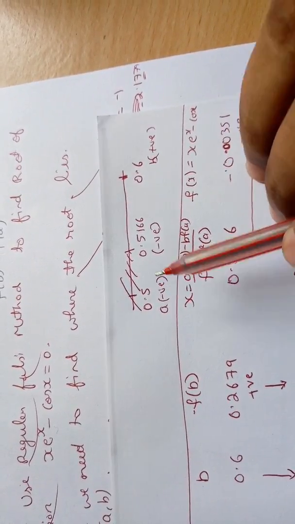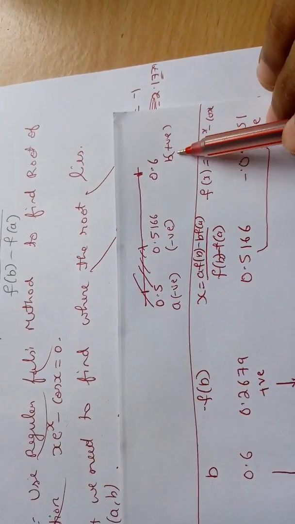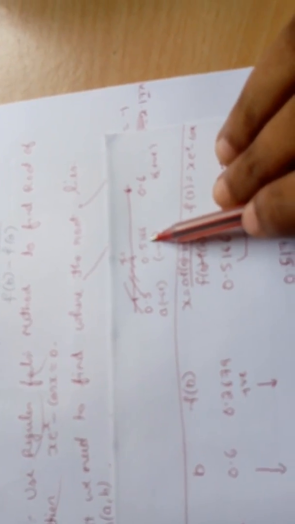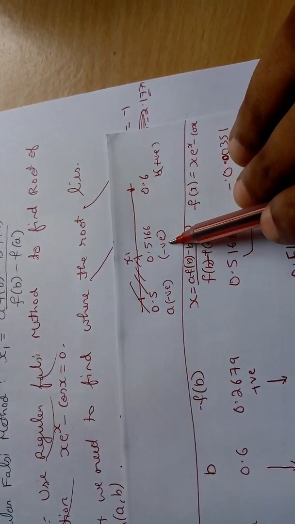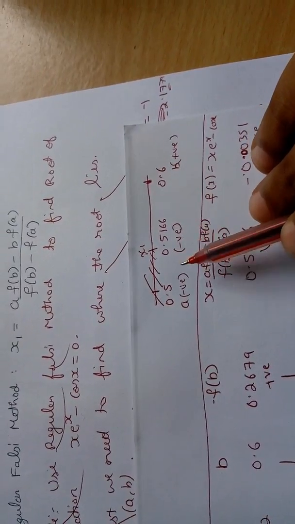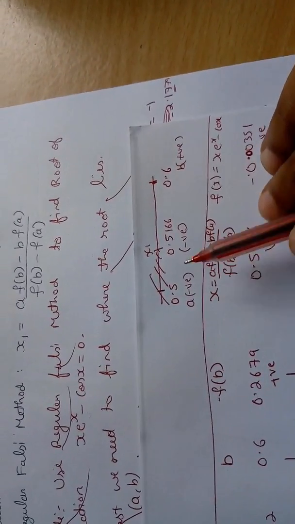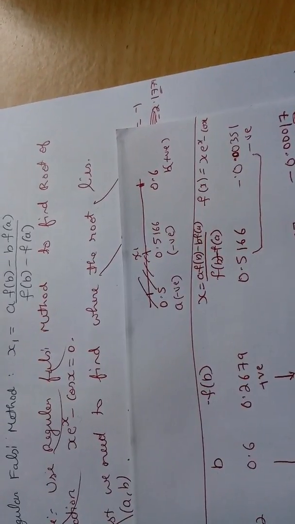Now I got a new root, that is your x1, which is 0.5166, and its value is negative. So now which can I leave? I can leave 0.5. So you have to continue this procedure until you get the value as some 0.000 something.